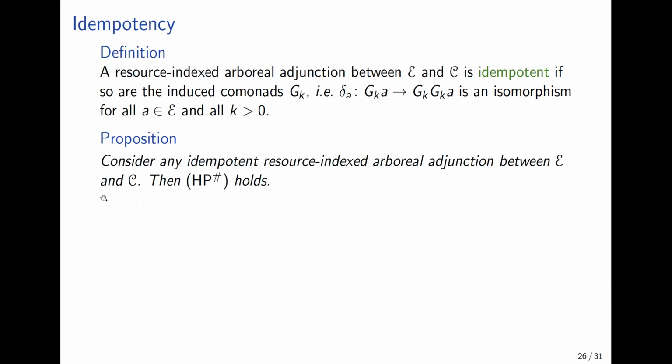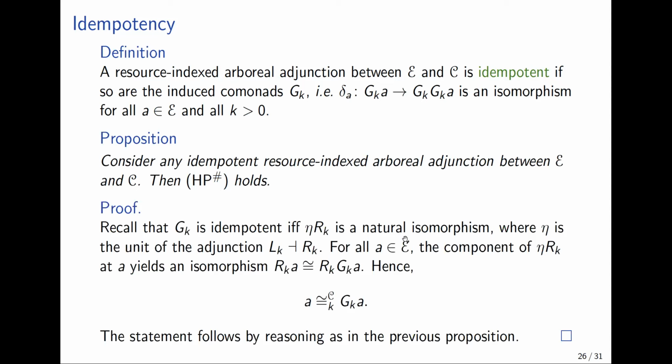And the proof is essentially the same as before. What you need to observe is that idempotency implies that any object A is K isomorphic to GK of A. Okay, so not only K bisimilar, but actually K isomorphic. And then you can repeat the same proof as before, and you get this proposition here.